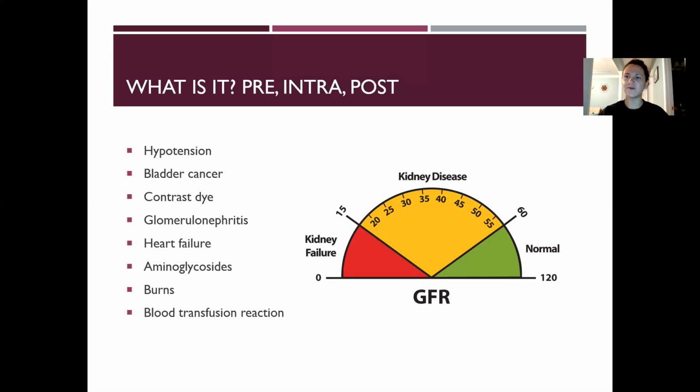Burns is a little tricky, but if you think about the pathophysiology of what's going on in burn patients, because of their systemic inflammatory response to the burn, they're going to have a lot of capillary leaking going on. Sorry, I'm struggling to explain this. A lot of third spacing, so they're not going to have a lot of vascular volume.